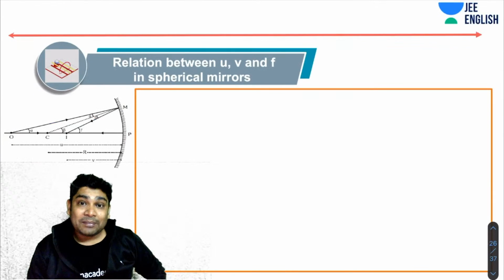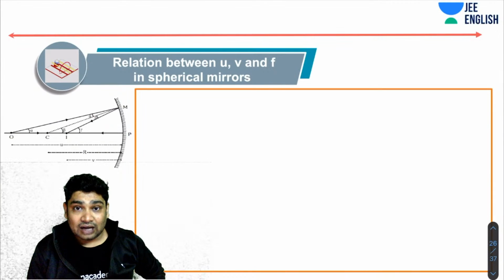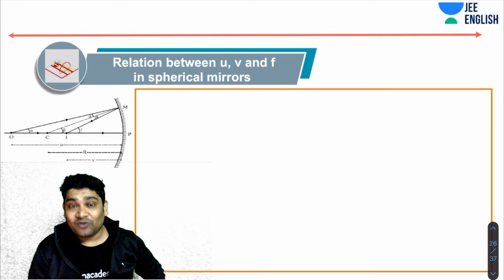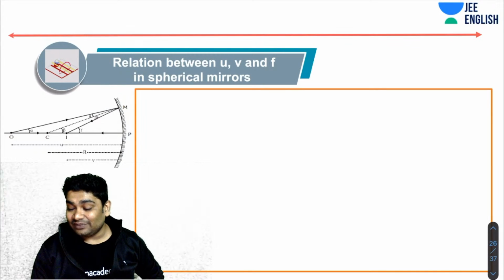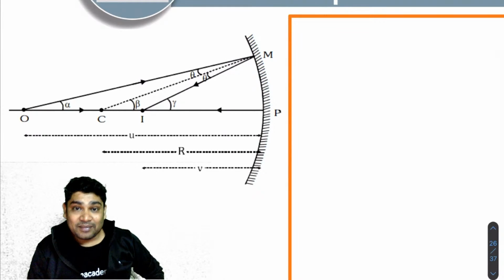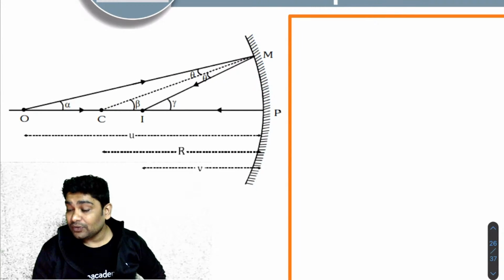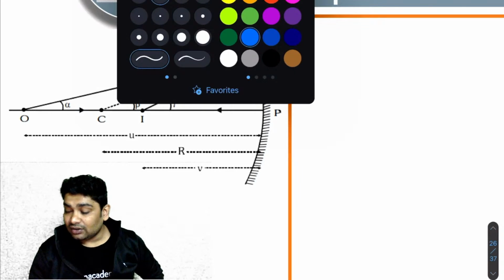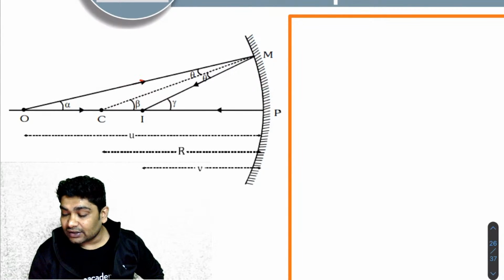Now we will talk about the mathematical approach of finding out the image position. So for that, we will focus on this triangle. Let's imagine that you have an object here. I have considered one ray that leaves the object like this, and after reflection, it goes like this.